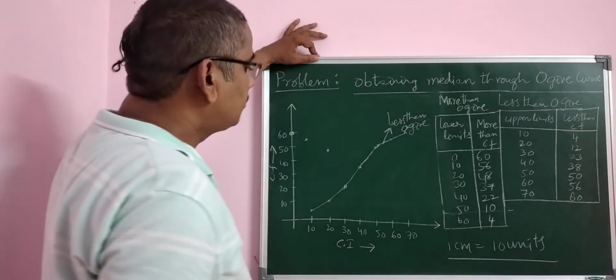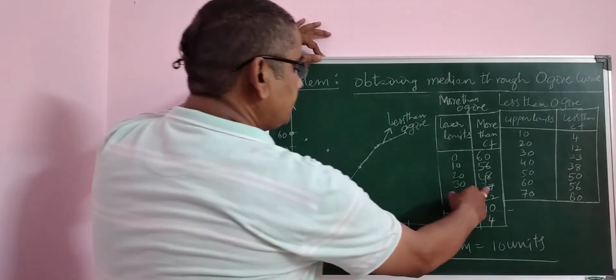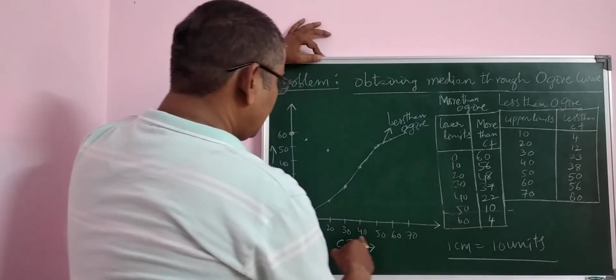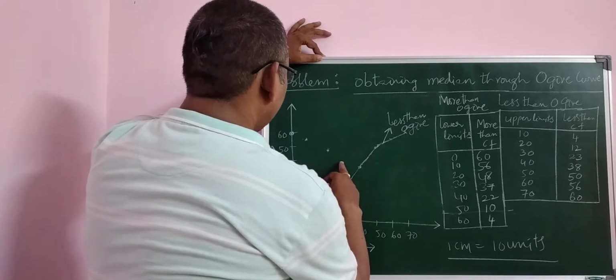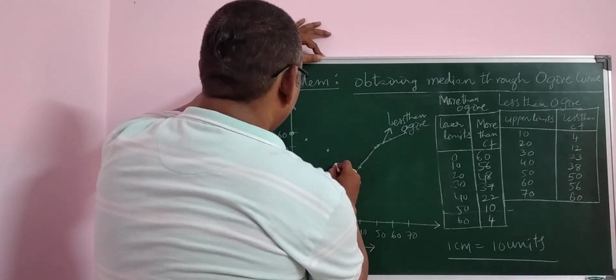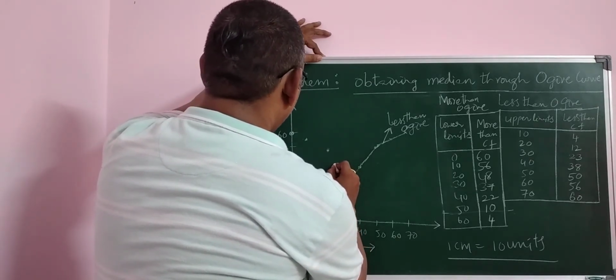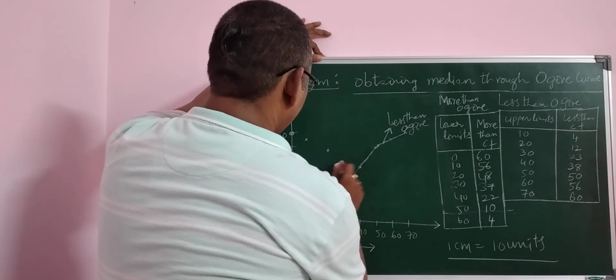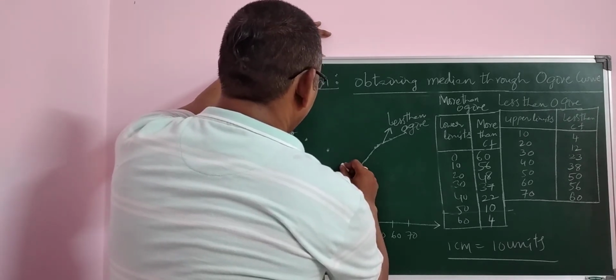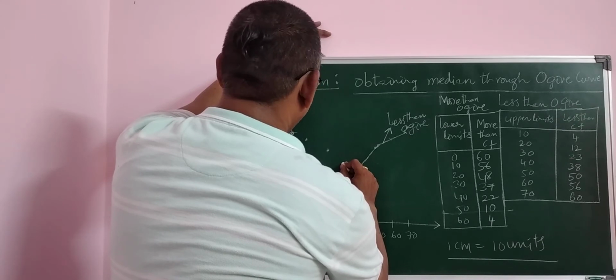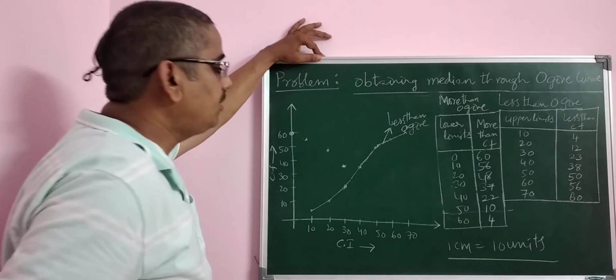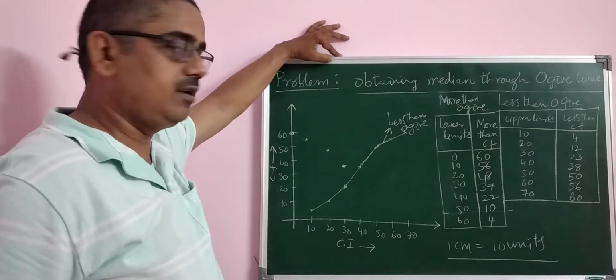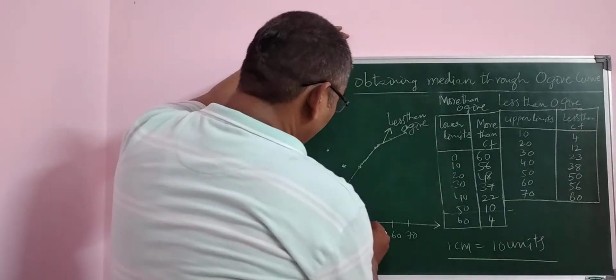And then 37 against 30. This is the value here. Approximately I am drawing this particular point. And then 22 against 40.